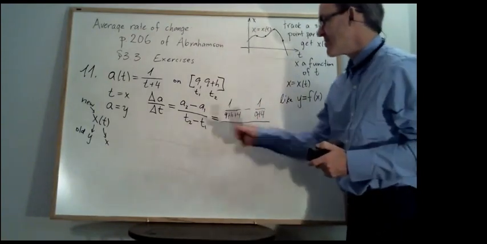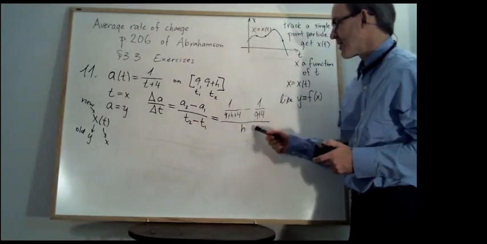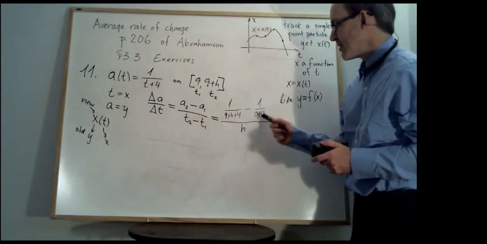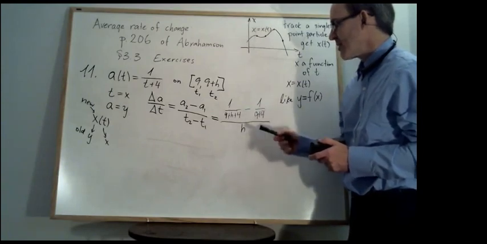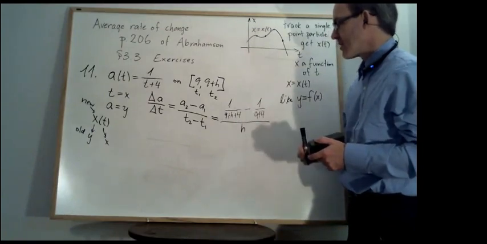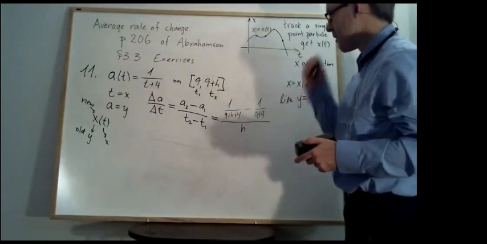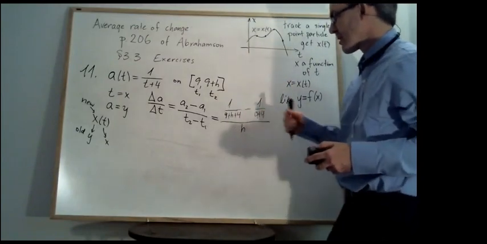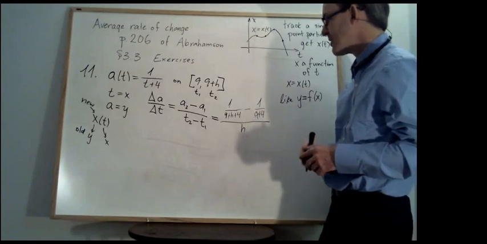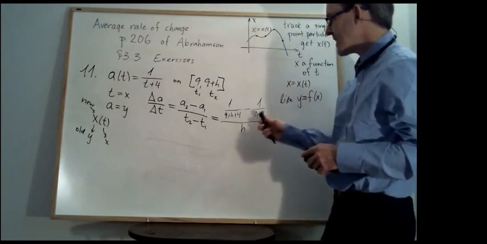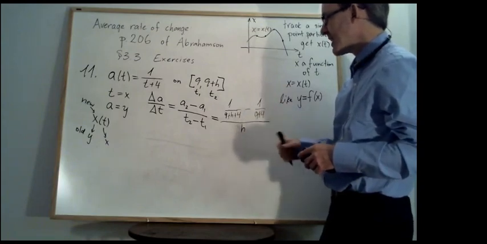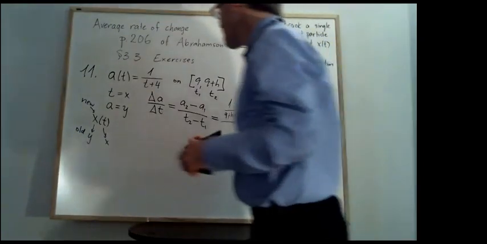T2 minus T1 is just h. Okay, so how is this going to work? Well, we express the two fractions over the same denominator. The way you simplify rational expressions is you put it over the same denominator. And then again, we should get an extra factor of h in the numerator, which we can then cancel. So let's see how it works.